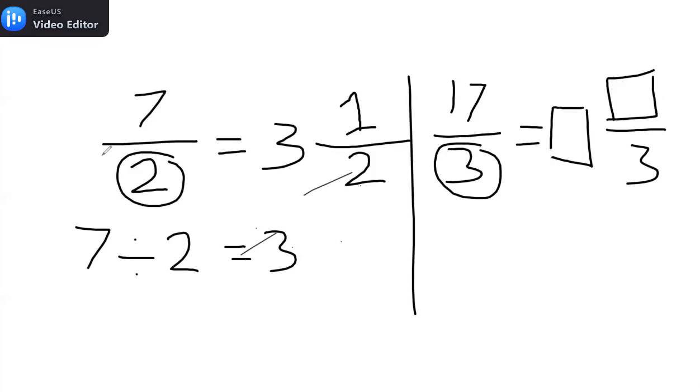Five. Yes, the number 17 contains 5 threes. And what is the remainder? 2. So 17 thirds will be 5 and 2 thirds as a mixed number. Okay, Yusuf? Another one.